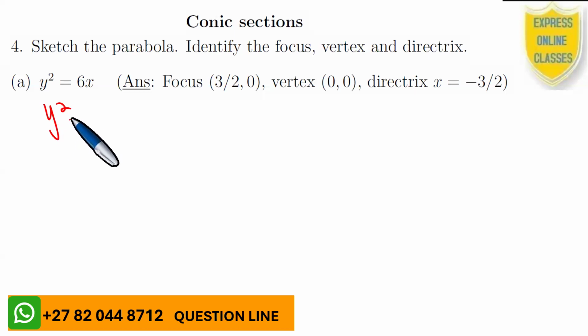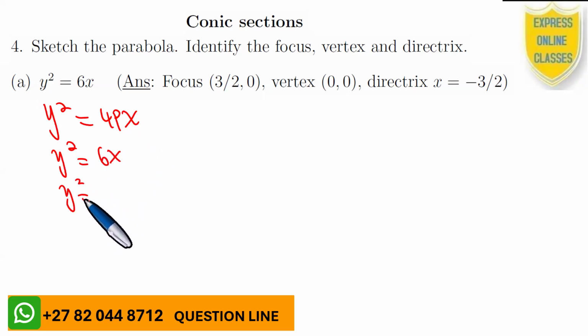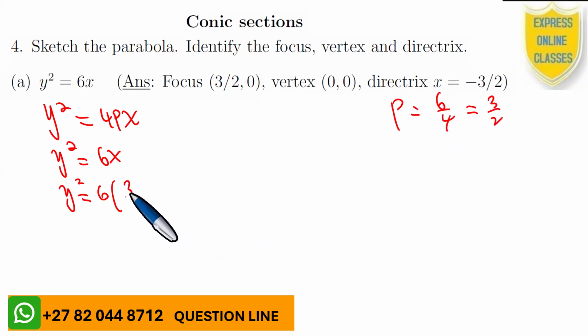You already know that y squared must be equal to 4px, which means if y squared is 6x, we take out 6 so that our p is 6 divided by 4, which is 3 over 2. This gives us our p.